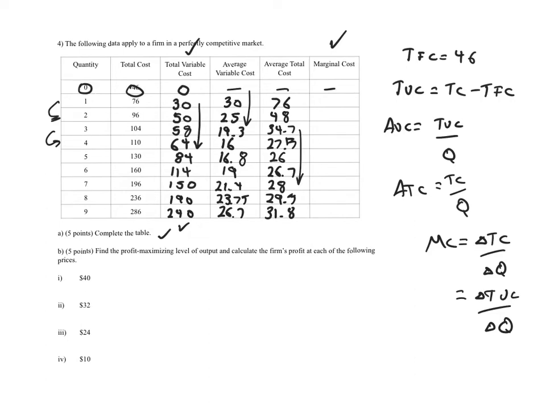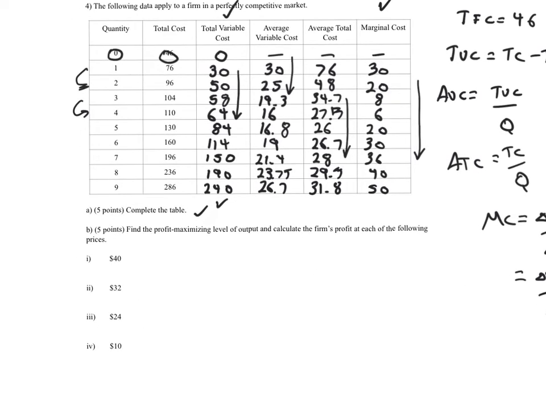So 30 minus 0 is 30. 50 minus 30 is 20. And again, we continue doing the same calculations to fill out our marginal cost column.